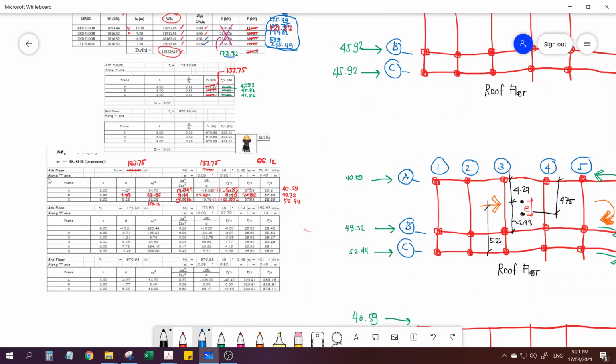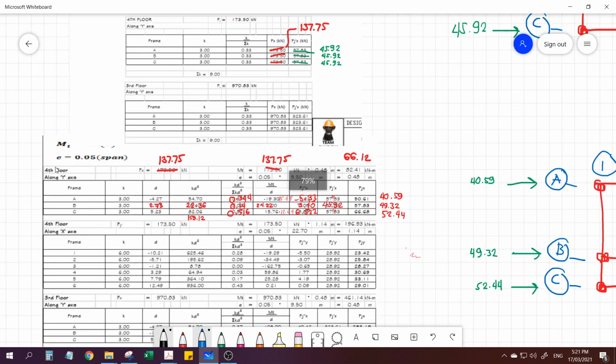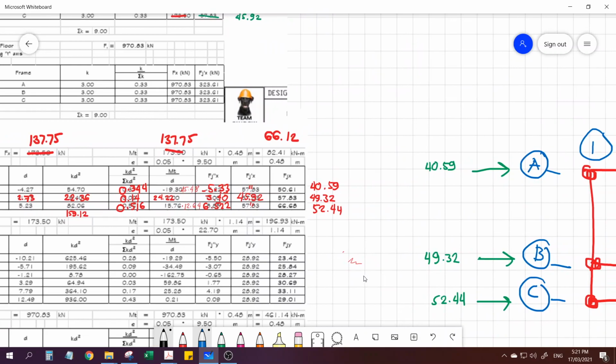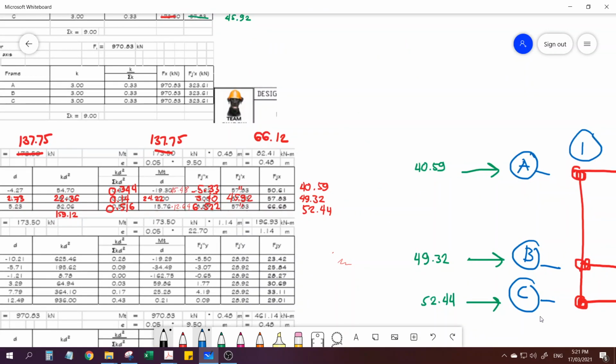So, it says eccentricity is 0.05 of the span. Actually, it is the least horizontal dimension, for the plates, so we assume 0.05 of the span. Our length here is 9.5, the distance of this, because this is 7, while this is 2.5.